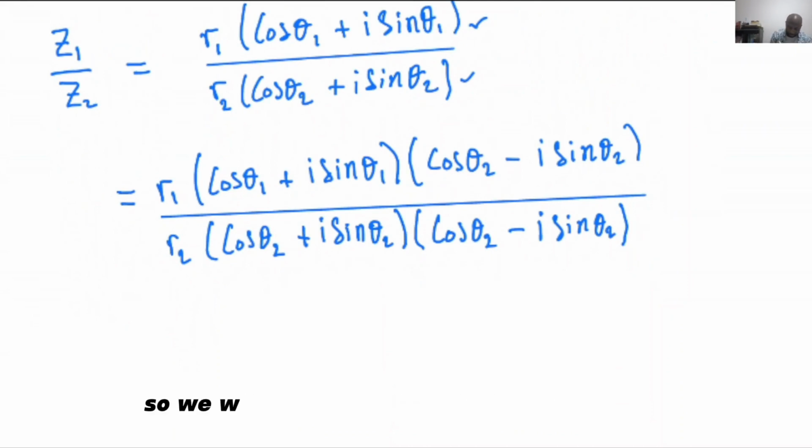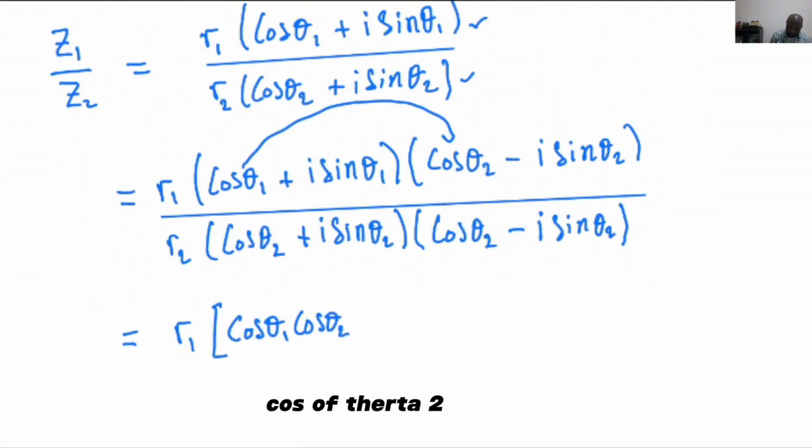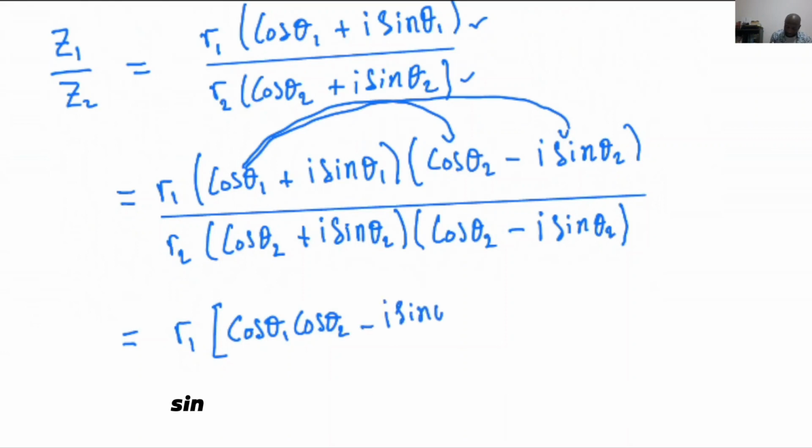So we write this is equal to r1 into, so this term multiplied by this term, we get cos of theta 1 cos of theta 2. This term multiplied by this term, we have minus i sine of theta 2 cos of theta 1.